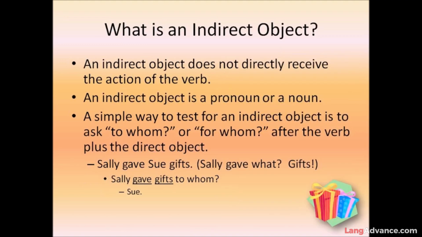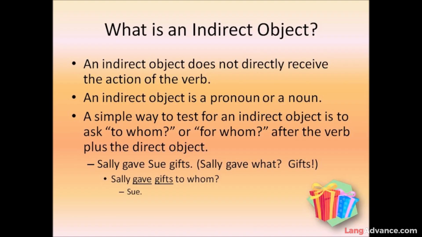An indirect object does not directly receive the action of the verb like the direct object does. An indirect object, however, is a pronoun or a noun, and it answers the to whom or for whom after the verb plus the direct object, which means if you don't have a direct object, you will not have an indirect object in the sentence.